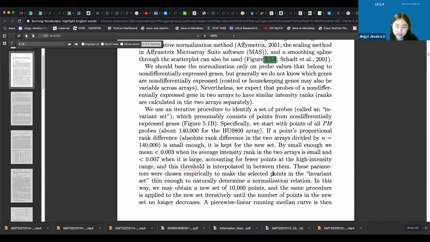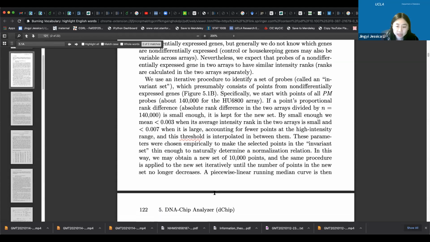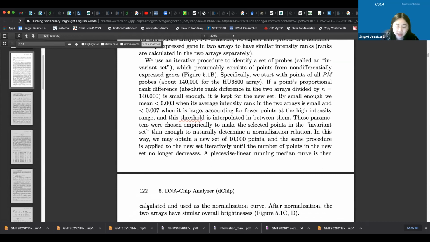These parameters were chosen empirically to make the selected points in the invariant set thin enough to naturally determine a normalization relation. In this way, we may obtain a new set of points, and the same procedure is applied to the new set iteratively until the number of points in the new set no longer decreases. A piecewise linear running median curve is then calculated and used as the normalization curve. After normalization, the two arrays have similar overall brightness.